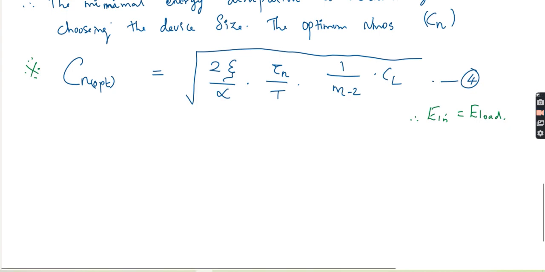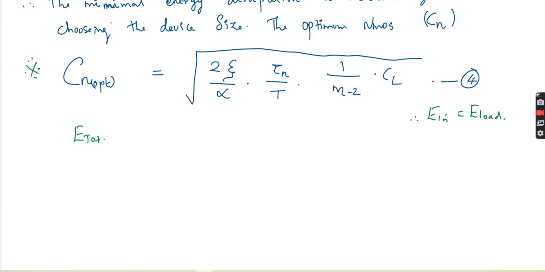As you know, E total is equal to E in plus E load, right? So here E in is equal to E load, so it is nothing but E load plus E load, so it will be twice the E load.